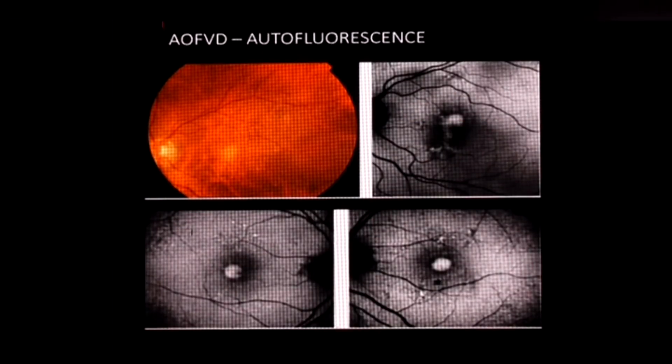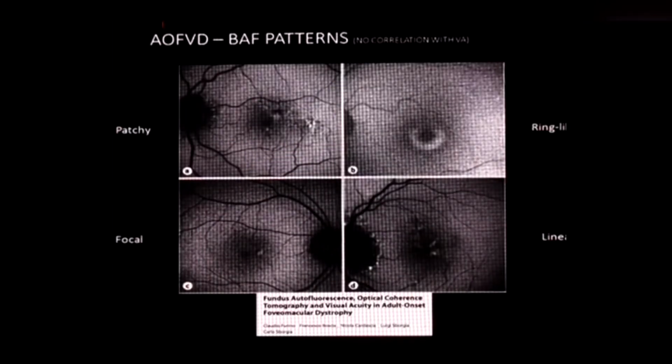Going on to autofluorescence, one would see that the area of the vitelliform lesion typically shows hyperautofluorescence. And this helps to differentiate the area where the lesion is dome-shaped on SD-OCT. But at the same time, the autofluorescence pattern can be varied. It can be patchy, focal, ring-like, and linear.